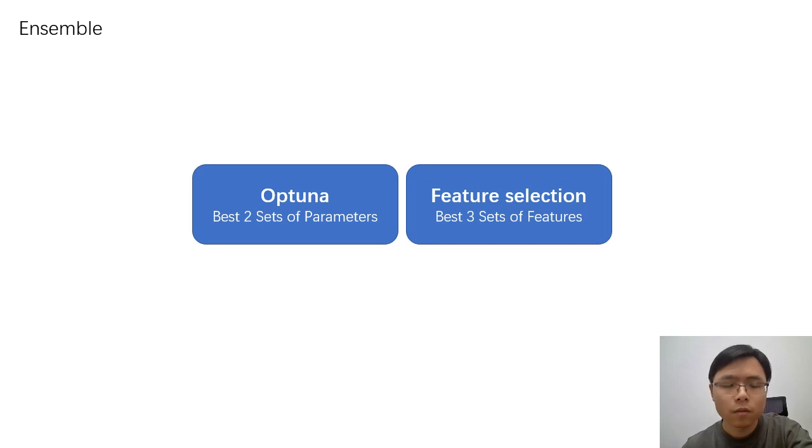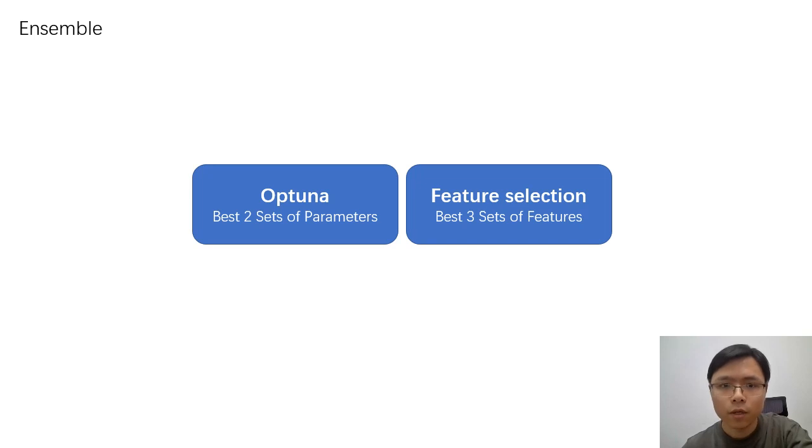Finally is the model ensemble. Two sets of parameters are given by the tool Optuna, and the three sets of features were chosen by the feature selection methods mentioned before.